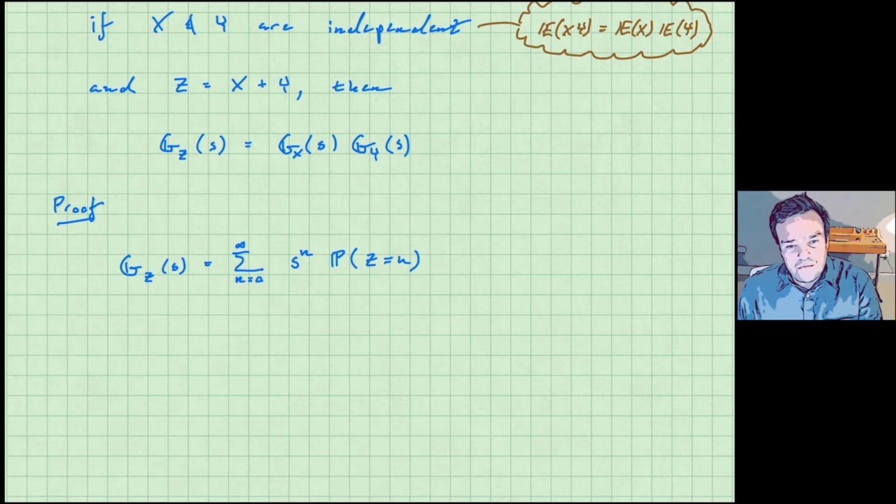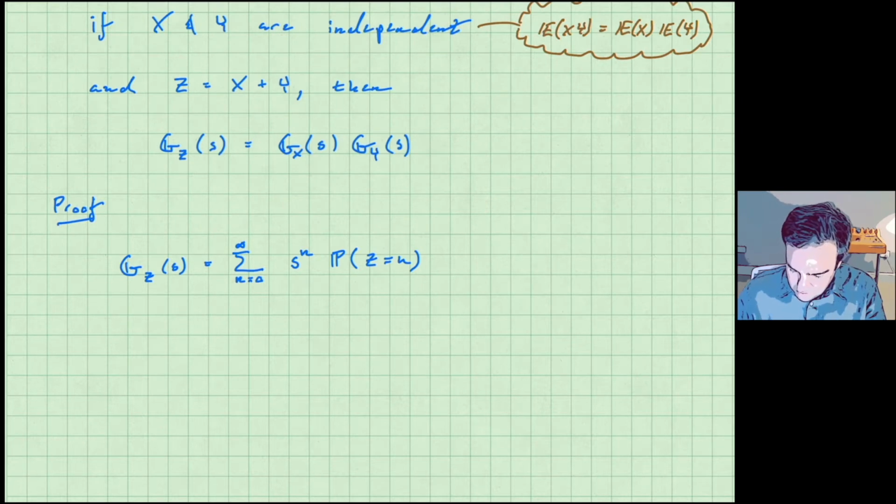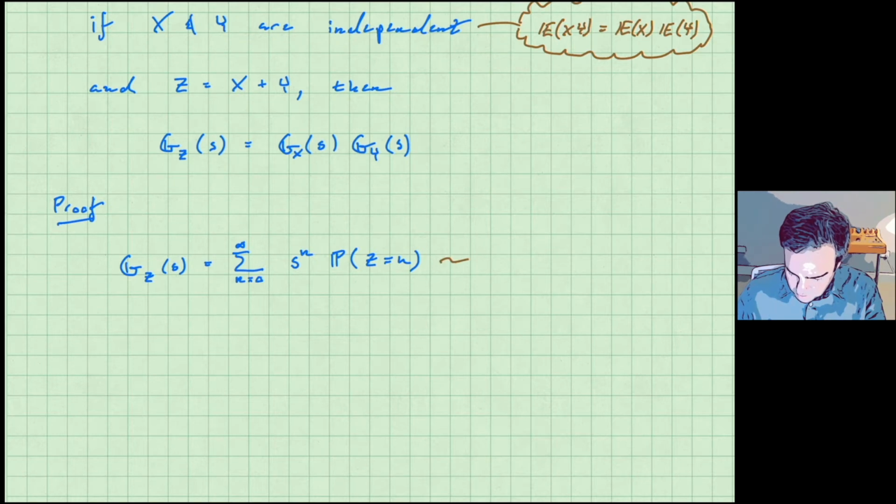And if you stare at this long enough, or just remember from previous experience, you might recognize something here. Notice the following thing. If you don't remember it, you could go back and look it up.